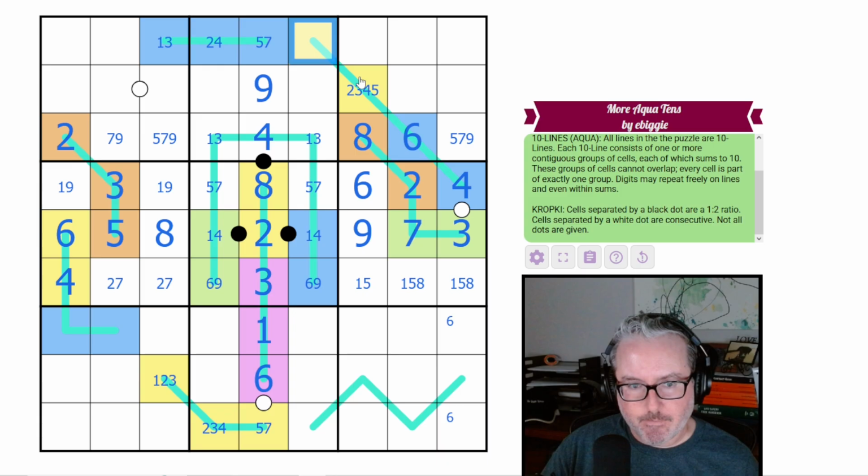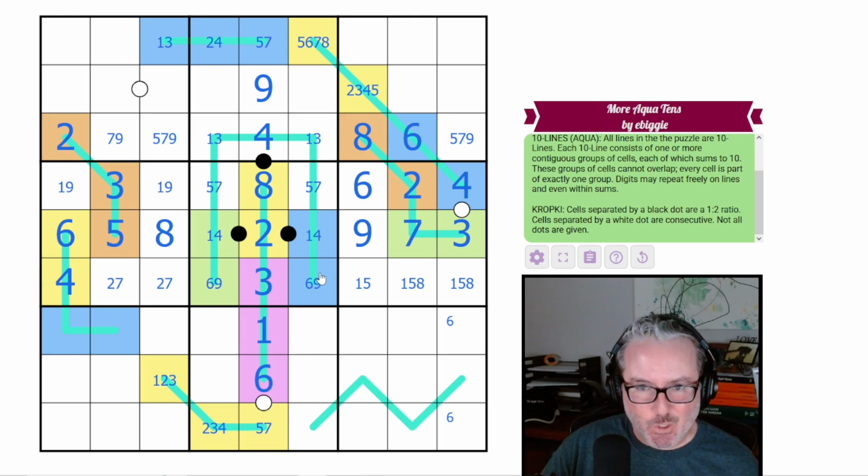We can't rule out the 5-5 pairing because these are on a diagonal with each other. Obviously, it can't be 6. It can't be 7. Can't be 8. Can't be 9. So those are our options. Let's put this in. So 5, 6, 7, and 8. And does that do anything? Doesn't look like it.